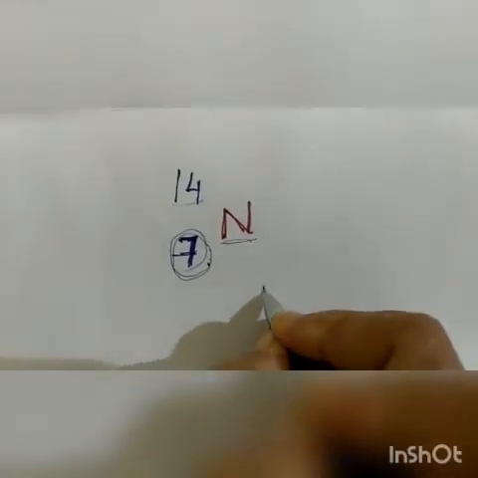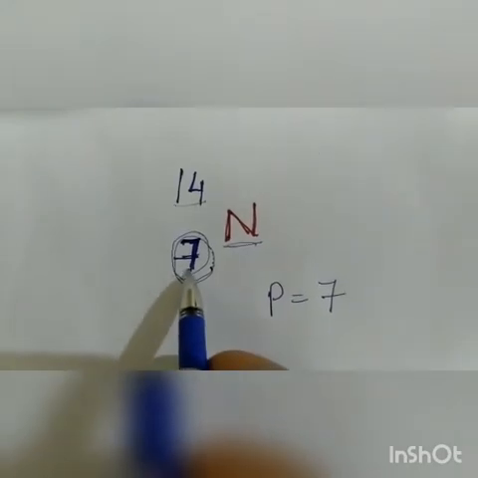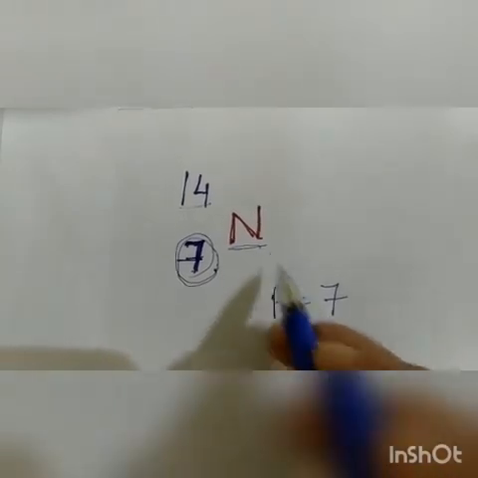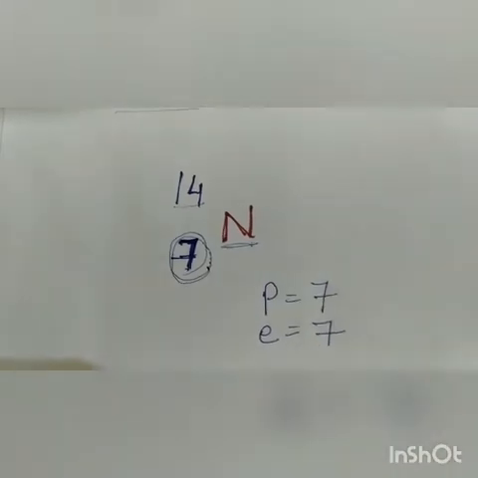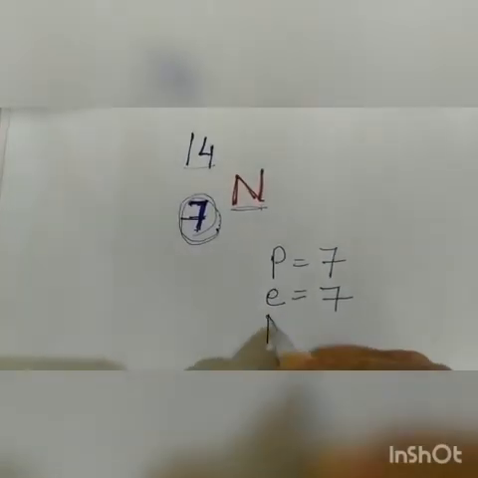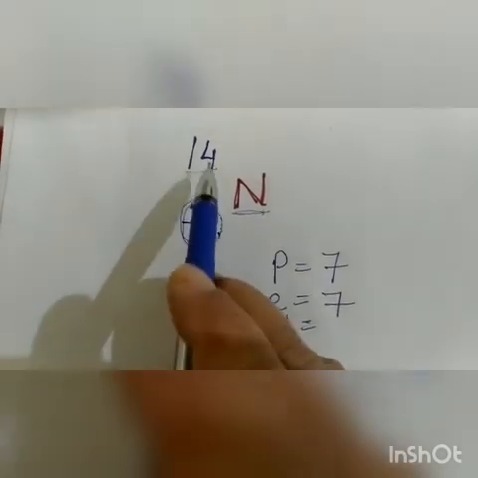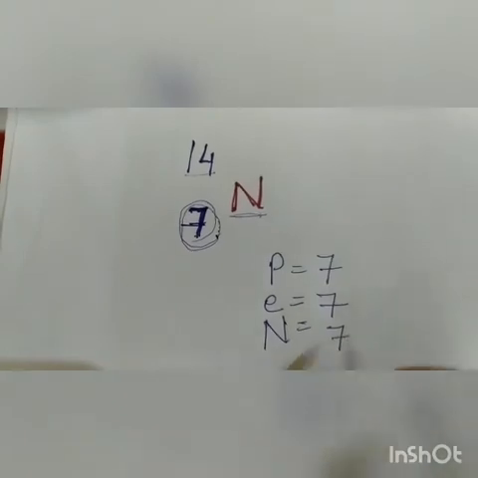Now if I ask you how many protons are there? Protons are 7, because atomic number is 7. How many electrons are there? It's a neutral atom, so electrons are also 7. How many neutrons are there? 14 minus 7 gives neutrons, so neutrons are 7.